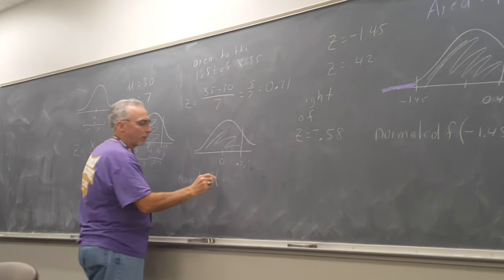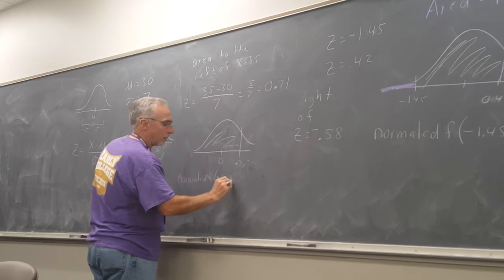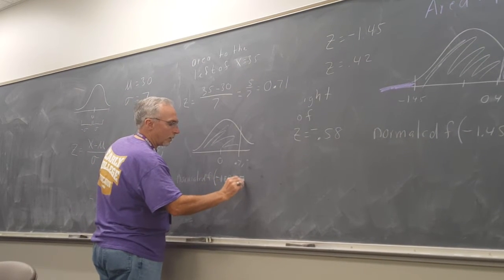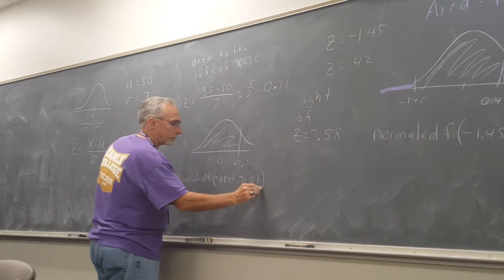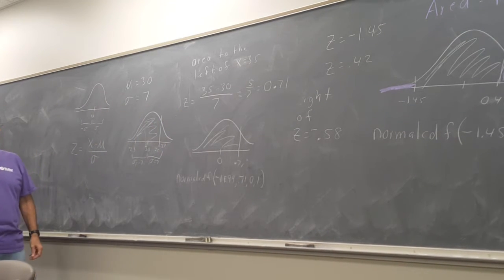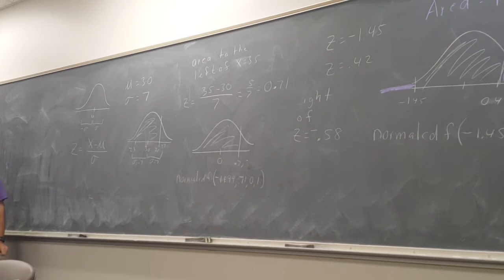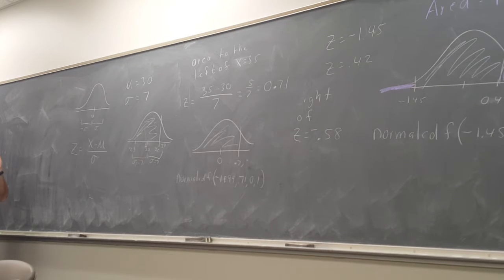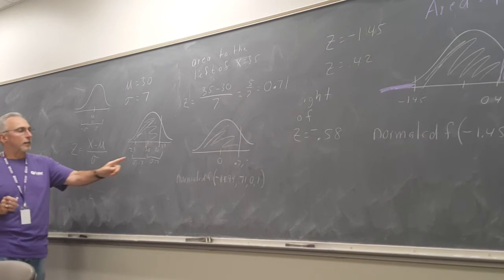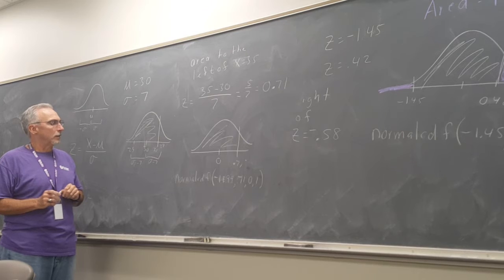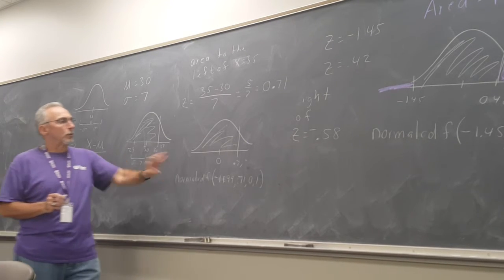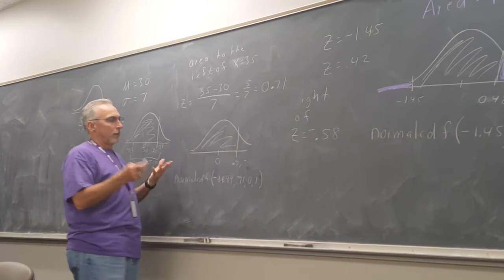To the left, so it'd be negative 1e to the 99, 0.71, 0, and 1. Does that make sense? So I can take a normal curve that has a different mean and standard deviation, convert it to a standard normal, and I can still use this.